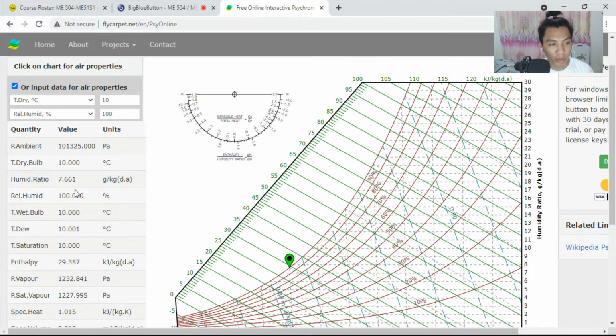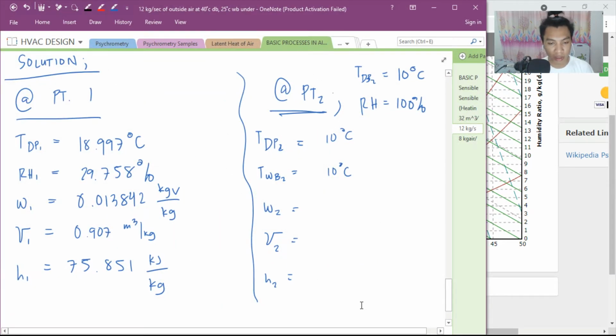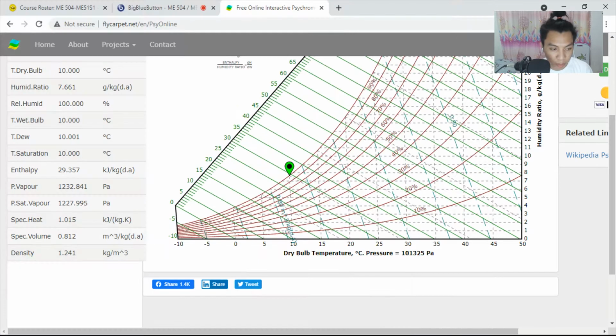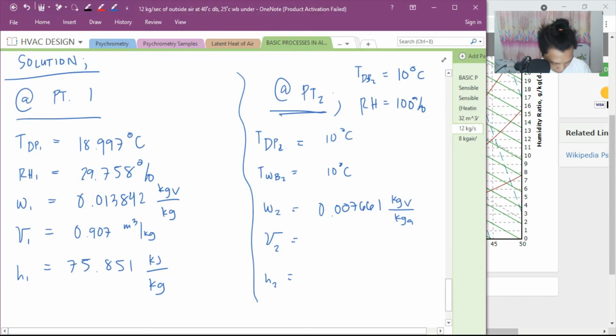Okay. Humidity ratio, 0.007661 kilogram vapor per kilogram air. Specific volume is 0.812 meter cube per kilogram.